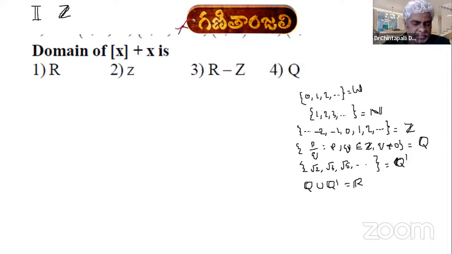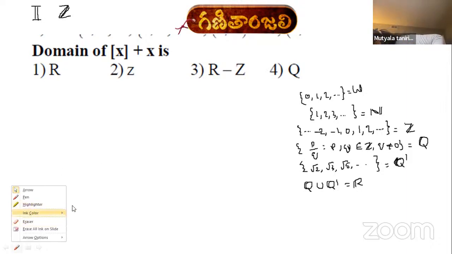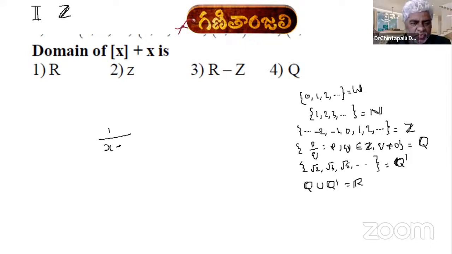If there is 1 by x minus 3, we would say x cannot be 3. If there is the square root of x minus 1, we would say x not less than 1.